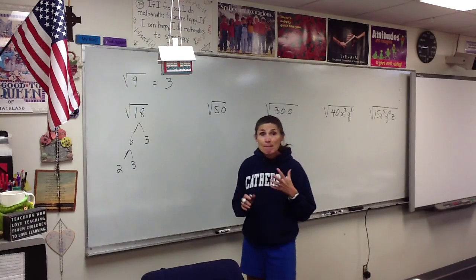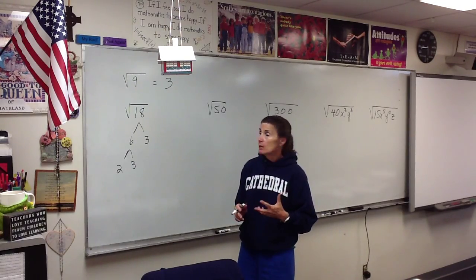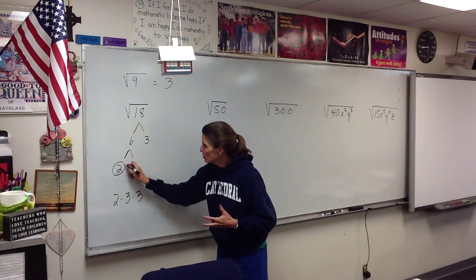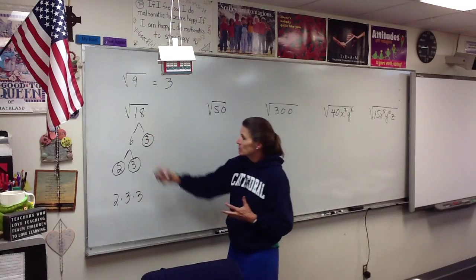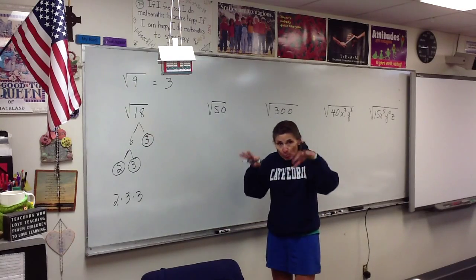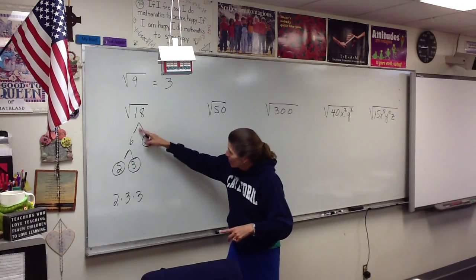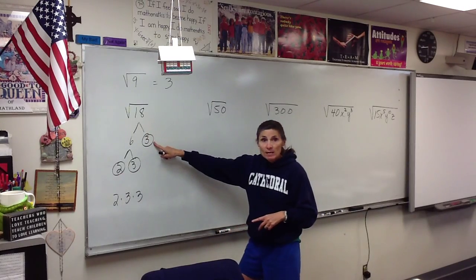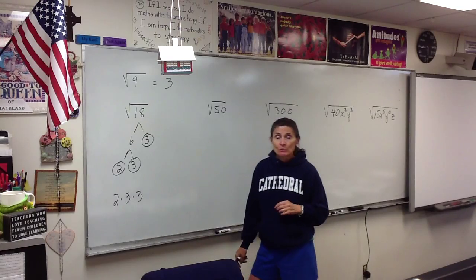So the prime factors of 18 are 2 times 3 times 3. The ends of these little branches, 2 and 3, are the prime factors.